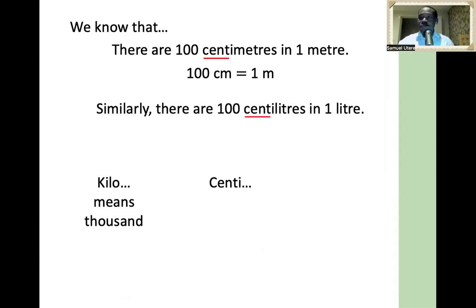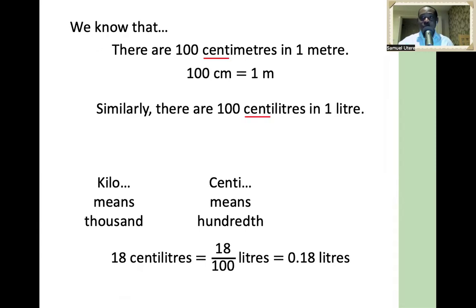Then centi means out of 100. So if you hear centiliter, it means something out of 100 liters. Centi means hundredth. So if I say, for example, 18 centiliters, it means 18 out of 100 liters. Of course, when you write it out, you now know how to write things like this in decimal form.